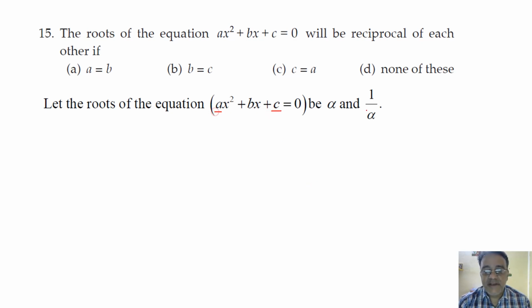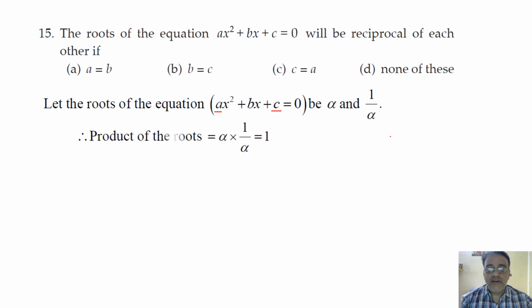C by A. So alpha into 1 upon alpha will be 1. The product of roots is 1, and this is equal to C by A. So we are getting the condition C equals A. So the correct option is Option C. This is clear?